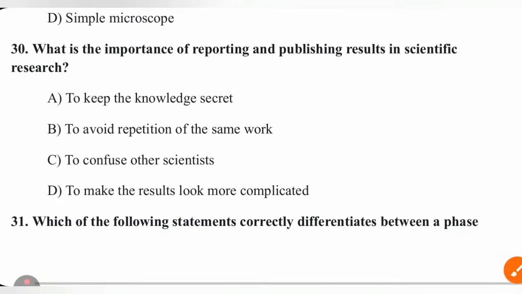13. What is the importance of reporting and publishing results in scientific research? A. To keep the knowledge secret. B. To avoid repetition of the same work. C. To confuse other scientists.